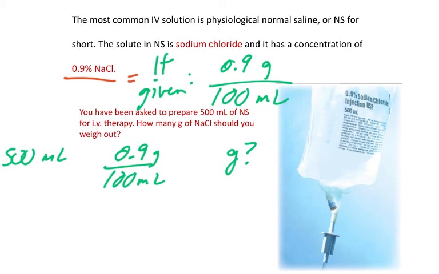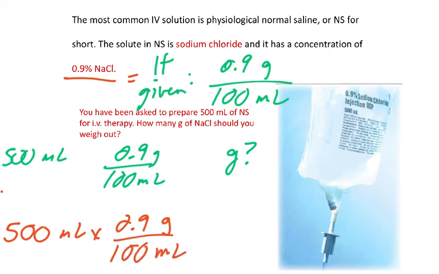And so as written, we can just multiply, start with the known quantity, times concentration. Milliliters will cancel out.